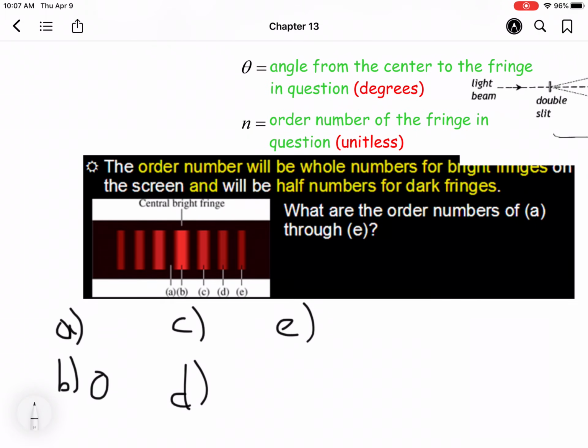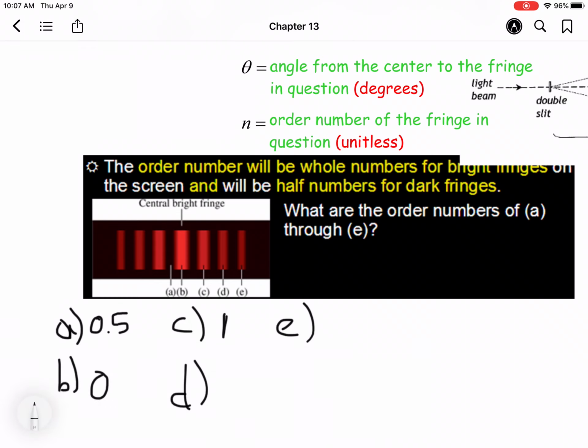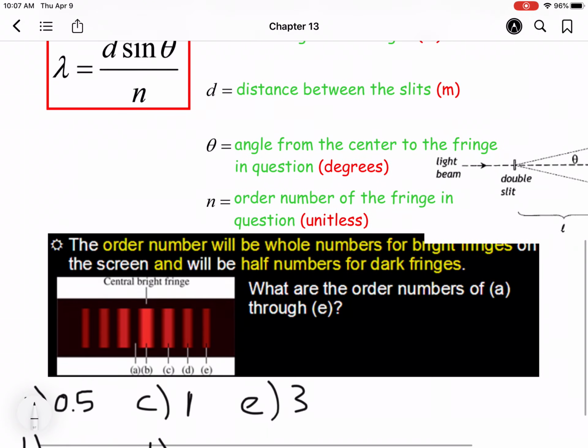A is a dark, so we know it's a half, and it's the closest half, so it's 0.5. You can say it's the first dark and then subtract a half. The third dark, you would subtract a half, so it would be 2.5. C would be a 1. D would be a 2, and E would be a 3. Halfway between D and E would be 2.5. Just keep that in mind.